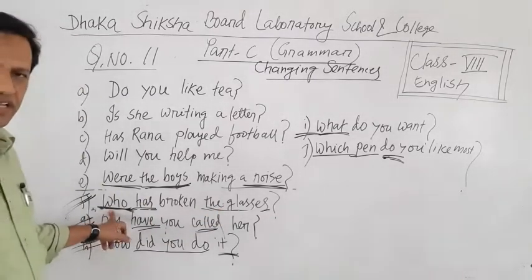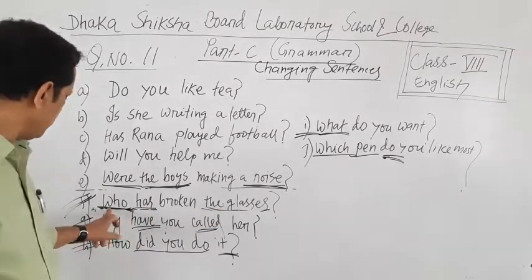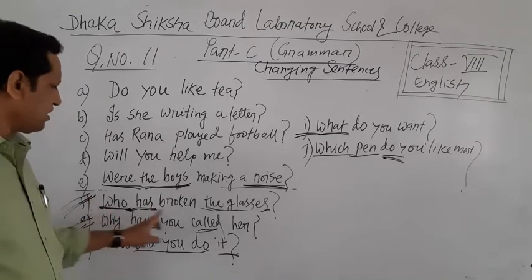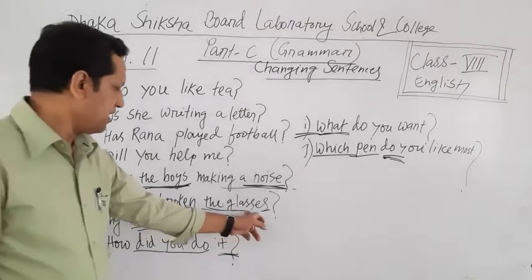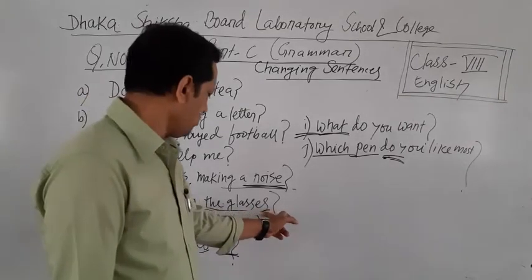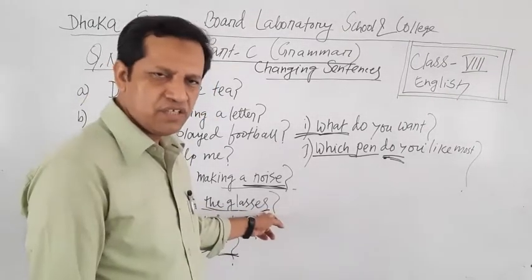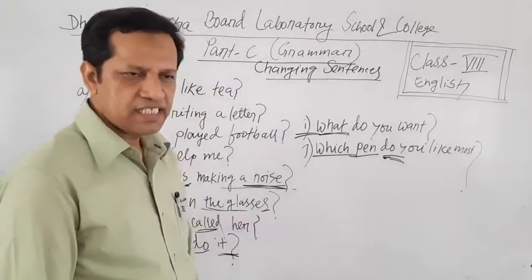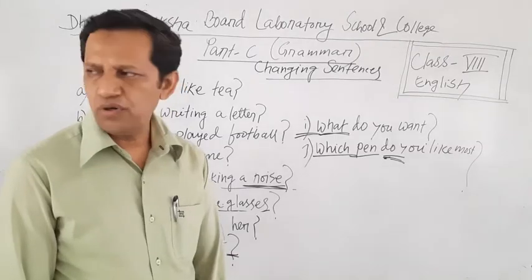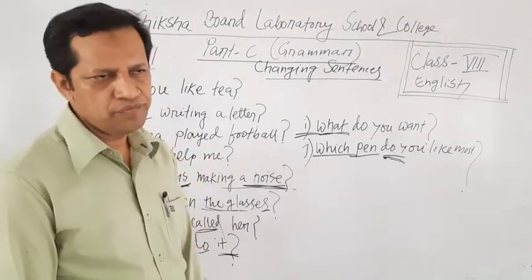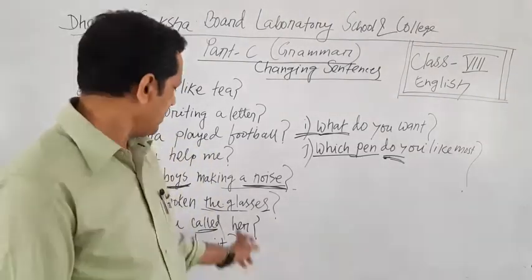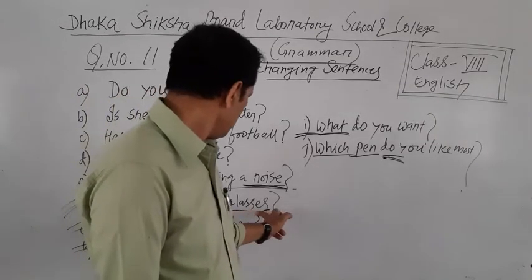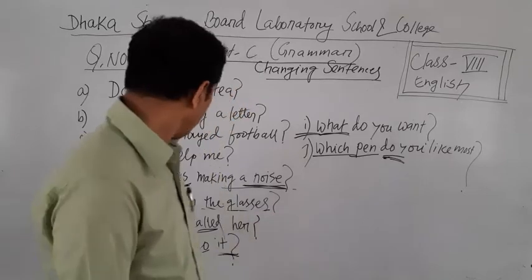Here we have to write "by whom" at the very beginning. Then after the other words, we don't use any preposition "by." So at the time of "who," we use "by whom" at the very beginning, and in the rest of the sentence we don't use any "by."